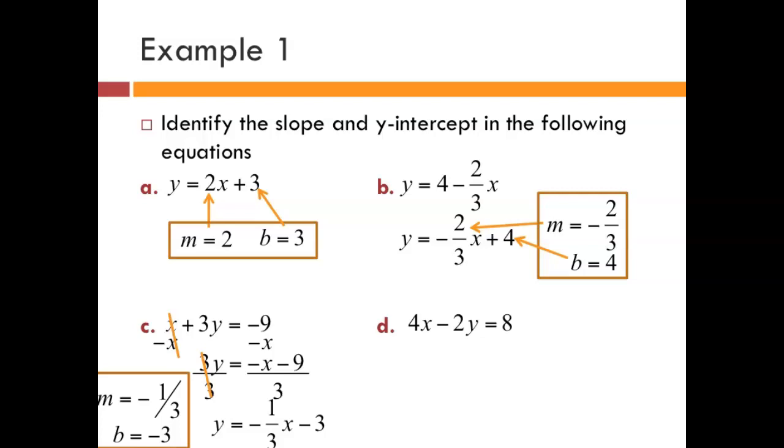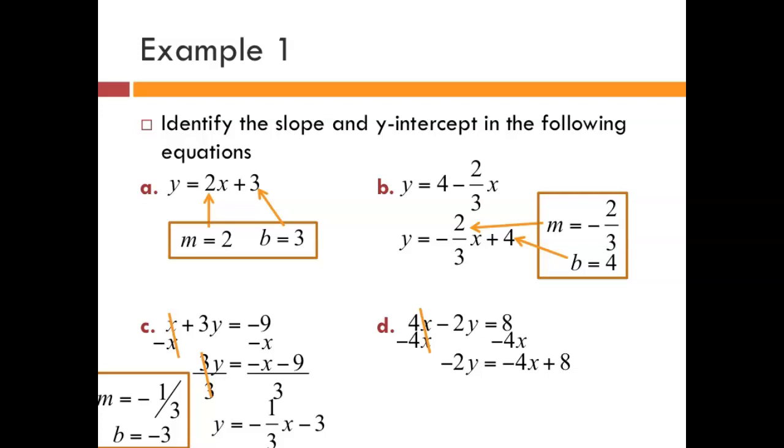All right, the last one, we have 4x minus 2y equals 8. So again, we need to put this into slope-intercept form. I'm going to start by subtracting 4x from both sides. That leaves us with negative 2y, and again, I'm going to write the negative 4x first before the 8, since in slope-intercept form, the x term comes first.